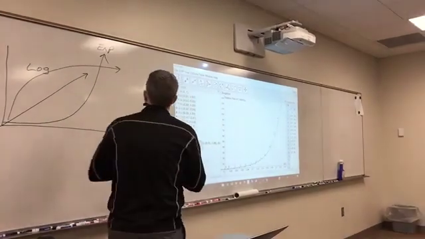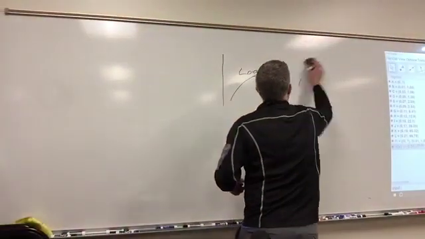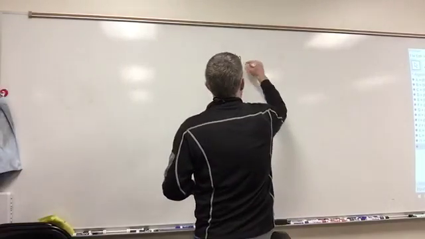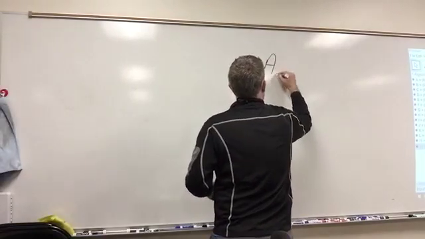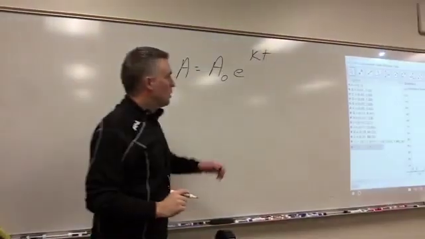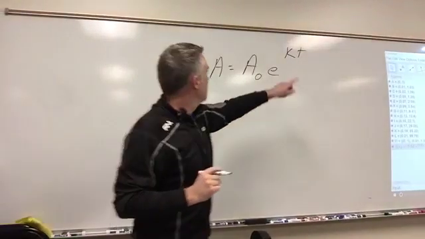You'll remember the equation we worked with on Friday is the final amount is the beginning amount times E to the KT. So here, our computer uses X instead of T, right?